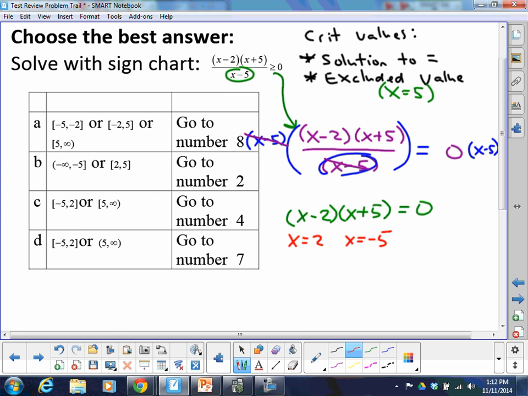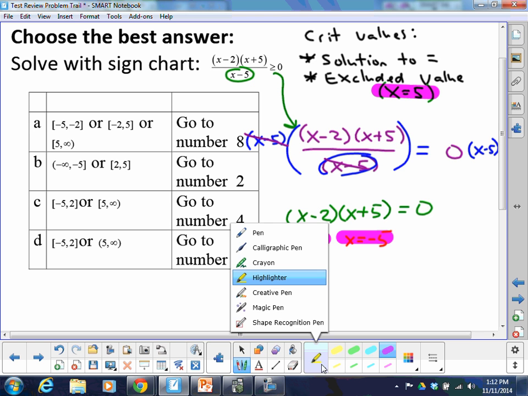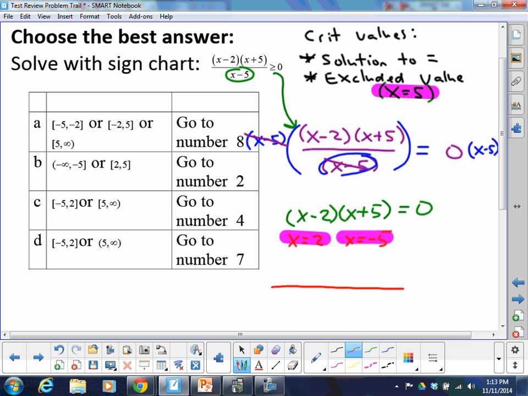But along with that is the excluded value from the beginning. So we have three things, and all of those need to go on our number line. Okay, so if we plot those, okay, let me just put them in order. Negative 5, then we had a positive 2, and then a positive 5.